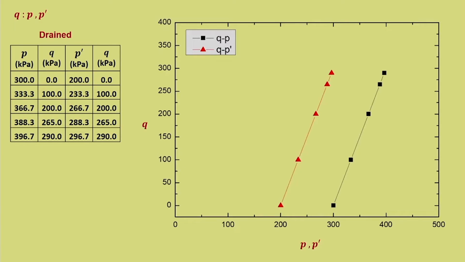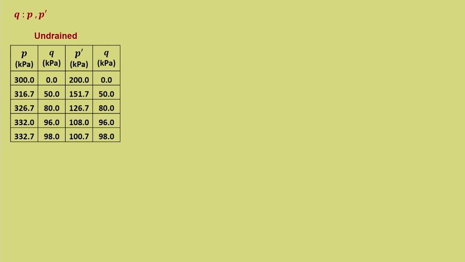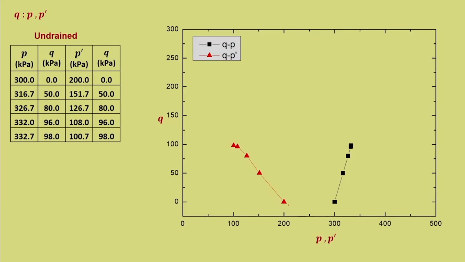In this particular case, the drained envelope is very much similar to the s-t plot, and the pattern of both total stress and effective stress paths is the same. Now, for the corresponding undrained case for p-q and p dash-q, the total stress path maintains the same kind of pattern as in drained, but in undrained the effective stress path moves towards the left.